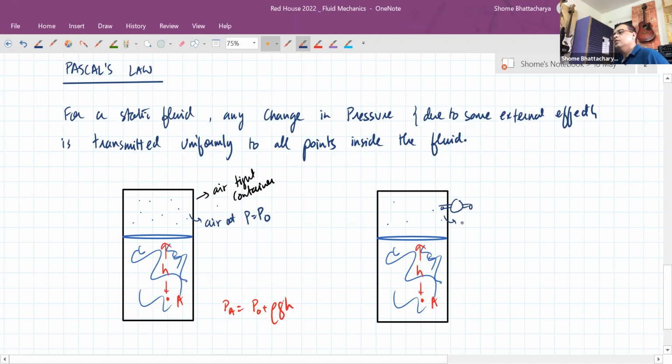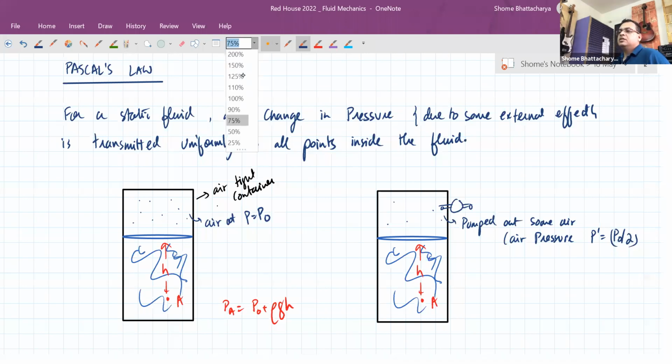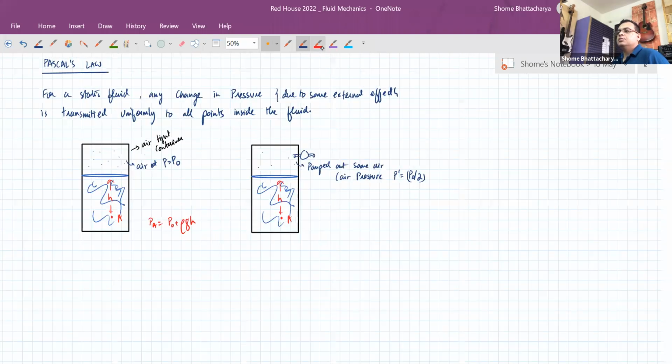So suppose we have now pumped out some air such that this now has an air pressure just changed to P prime equal to, let's say, P naught by 2. So you can see that the pressure at the surface of the liquid has changed to how much? It has changed from P naught to P naught by 2.